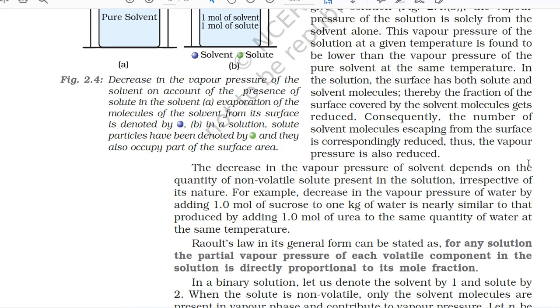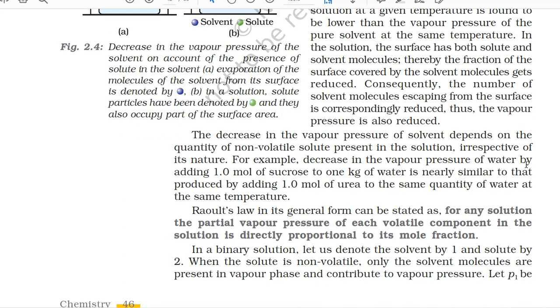The decrease in the vapor pressure of solvents depends on the quantity of non-volatile solute present in the solution, irrespective of its nature. For example, the decrease in the vapor pressure of water by adding 1.0 mole of sucrose to 1 kilogram of water is nearly similar to that produced by adding 1 mole of urea to the same quantity of water at the same temperature.